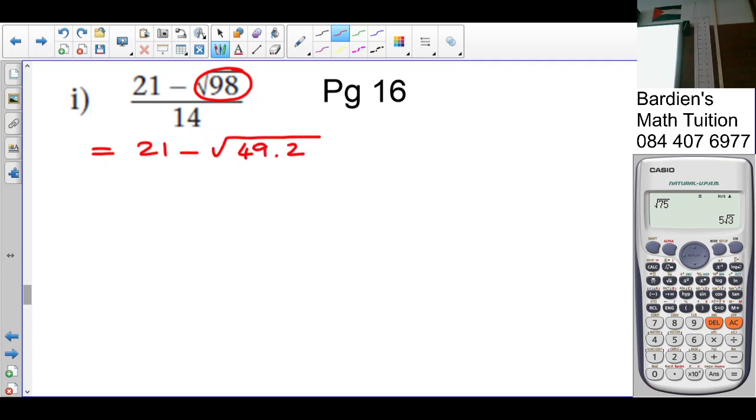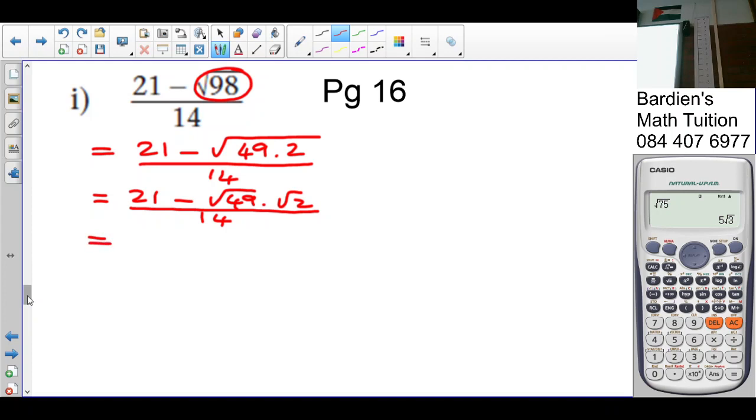So 49 times 2 over 40. So it's going to be written as 21 minus the root of 49 times the root of 2 all over 40. So it will simply be 21 minus, what's the root of 49? 7 root 2 over 40.